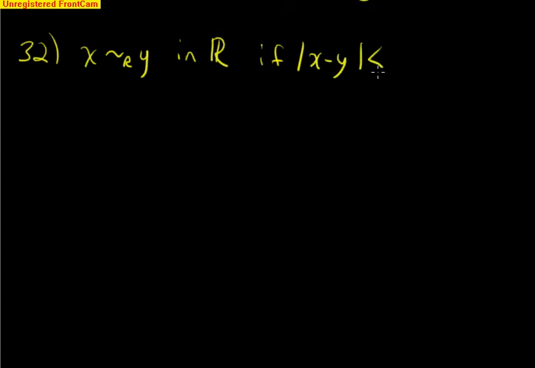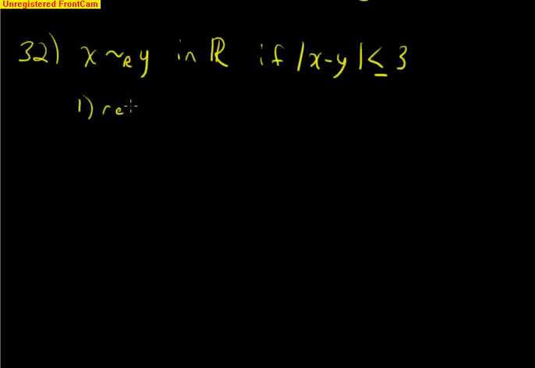What does 32 say? x is related to y in the real numbers if the absolute value of x minus y is less than or equal to 3. Let's start checking the properties.